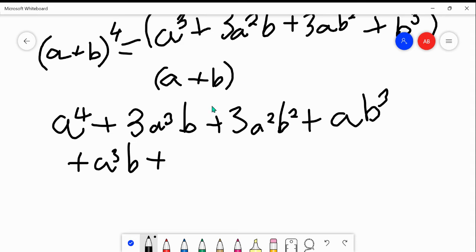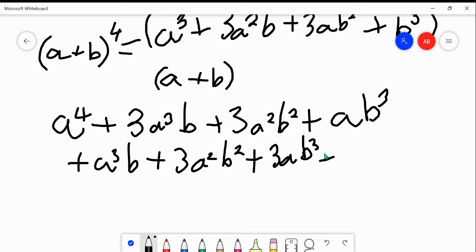And you've got 3a square b times b, so that's going to be 3a square b square, plus 3ab square times b is going to be 3ab cube. And last but not least is b cube times b, which is going to be b to the fourth. Now let's simplify a bit.